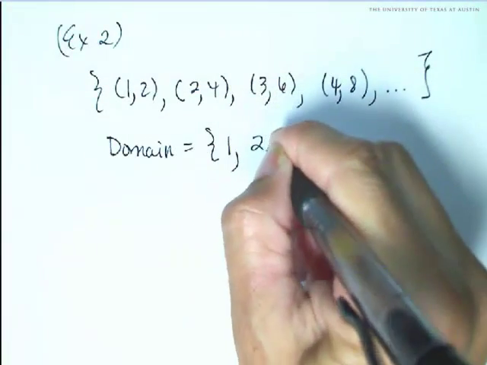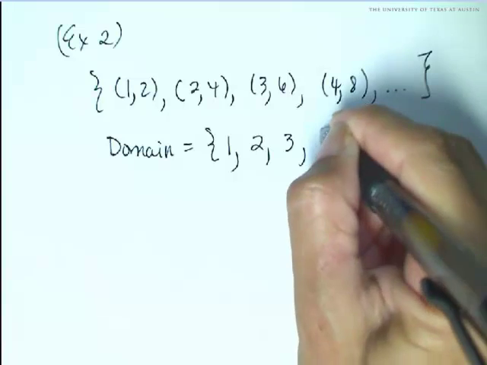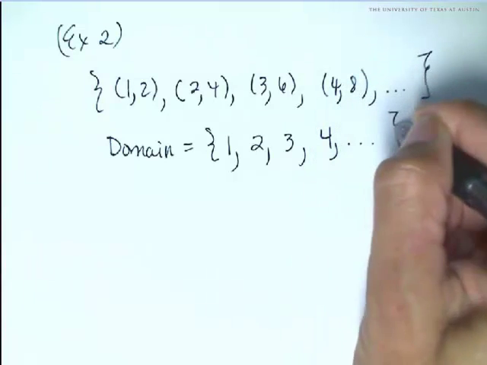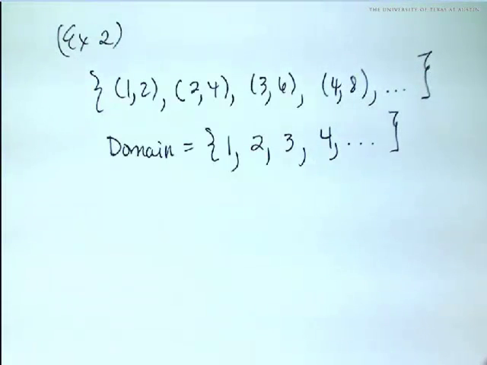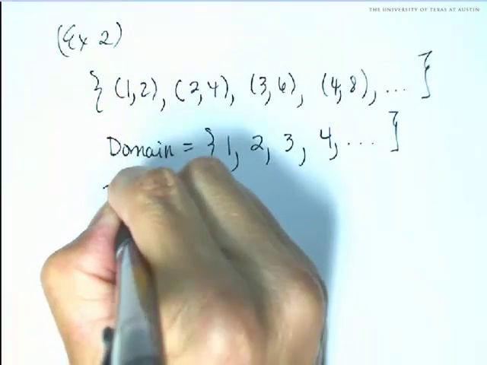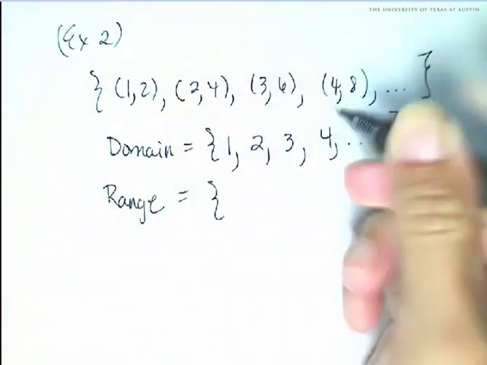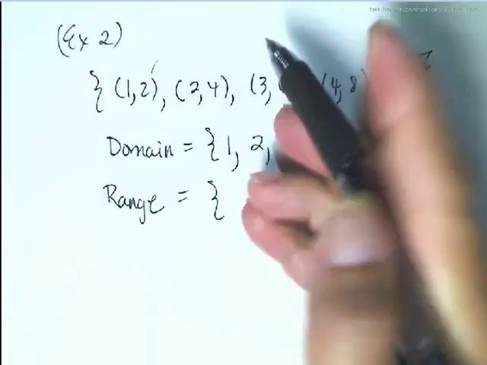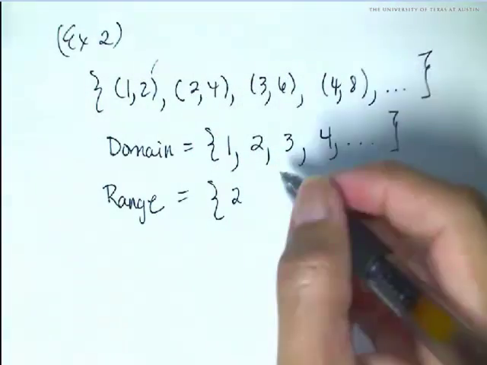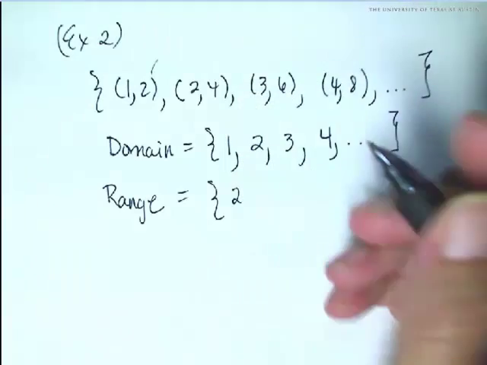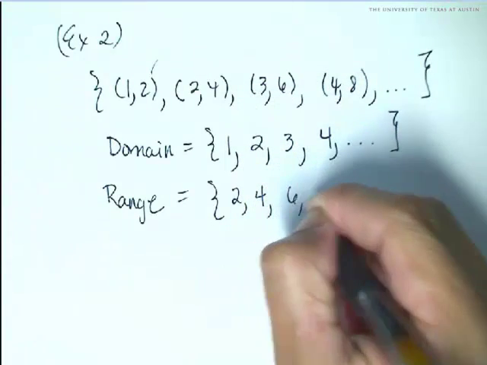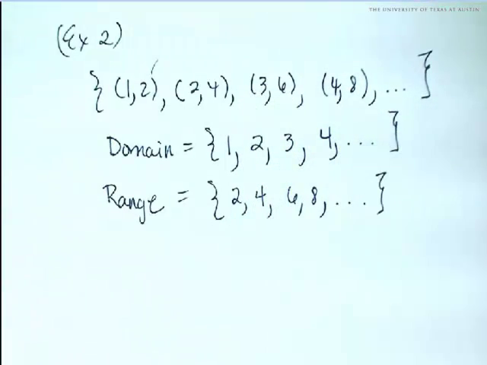So my domain is 1, 2, 3, 4, dot, dot, dot, which tells me that I go on this pattern forever. Now the range in this case is the set of all second coordinates, and I see I start at 2, and I'm going up by even multiples of 2. So 2, 4, 6, 8, and so on.